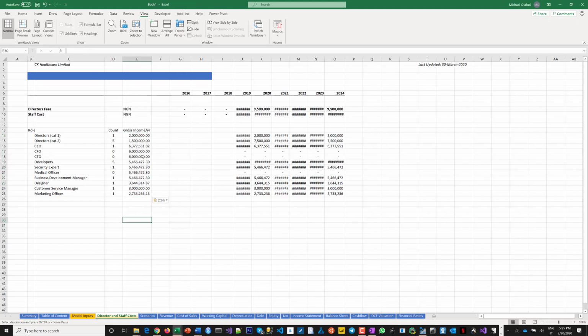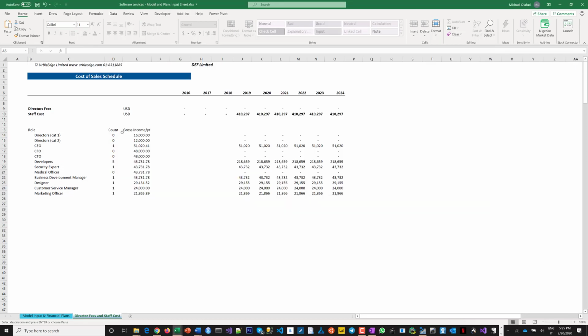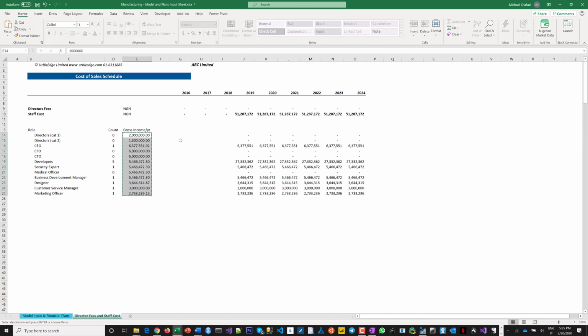Boom. So the one with the USD is actually the software services, and that's because a lot of times your costs are pegged in dollars, especially for those of us who live in developing countries. The subscriptions, the cloud hosting, a lot of what you do are pegged in dollars, so sometimes it makes better sense to peg a whole lot of your transactions in dollars.